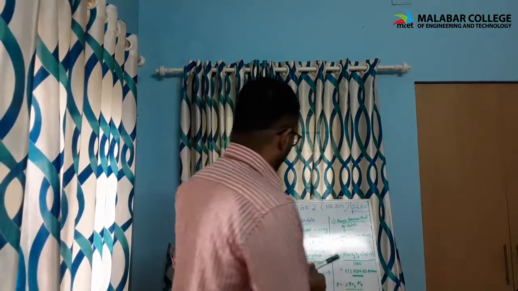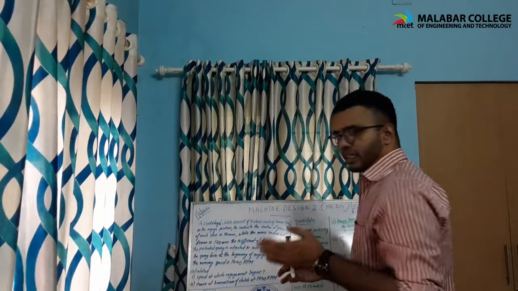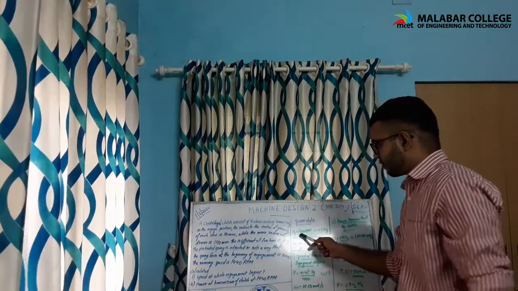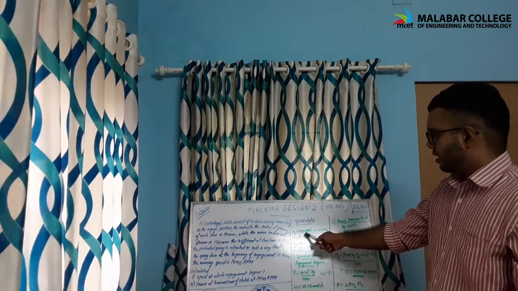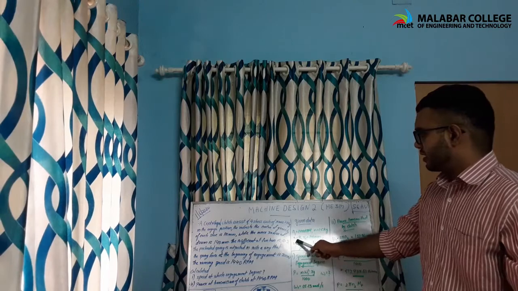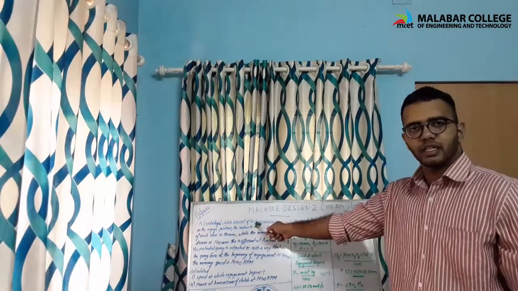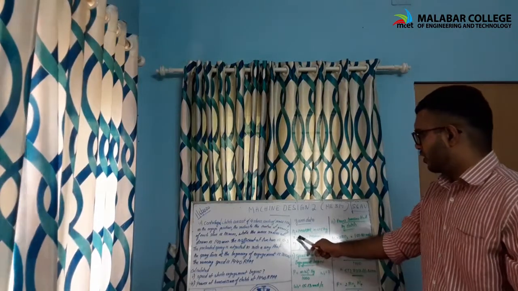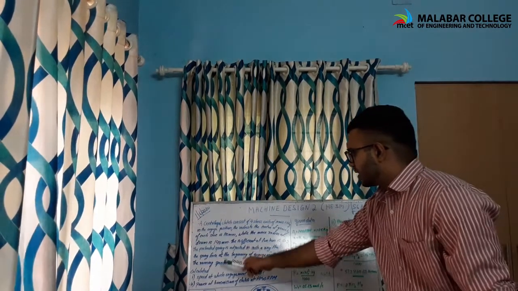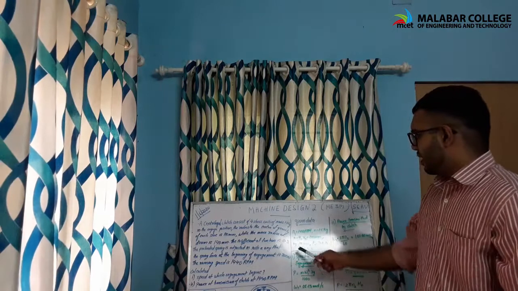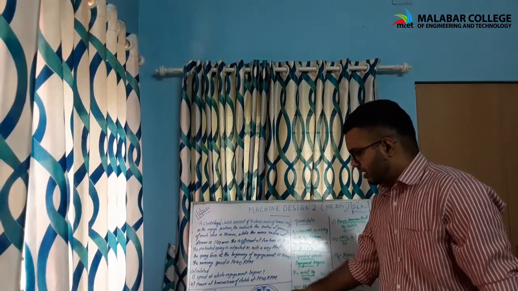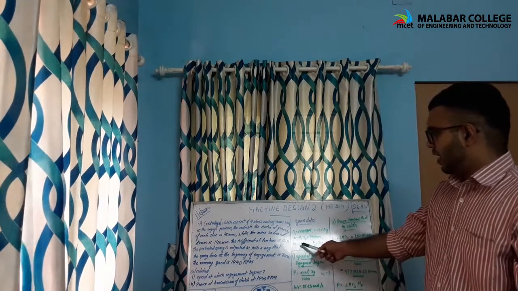First step, let's write the data given in the question. N2, the speed, is 1440 rpm. Mass is 1.5, and Z is the number of shoes, which is 4. RB is the inner radius of the drum, that is 140, and RG is the distance to the center of gravity of each shoe, equal to 110.